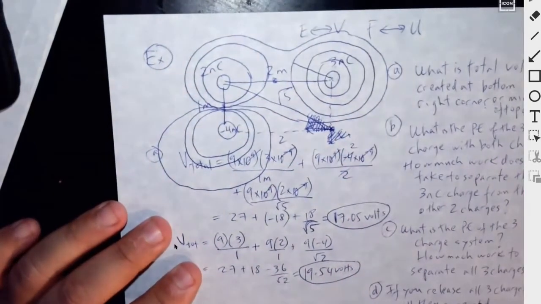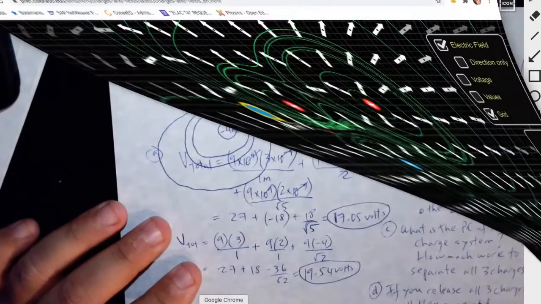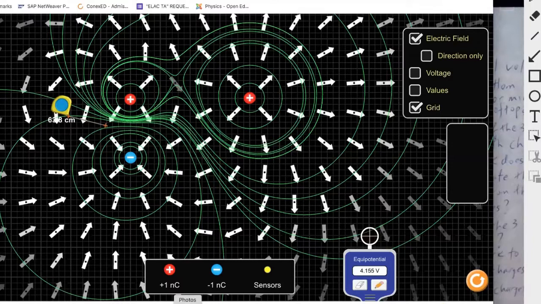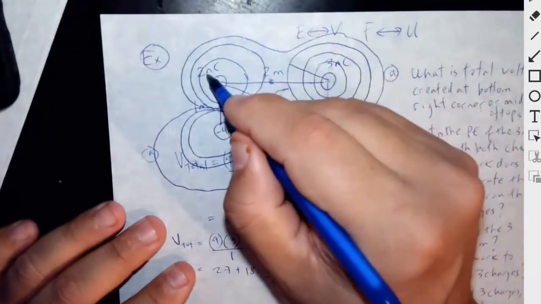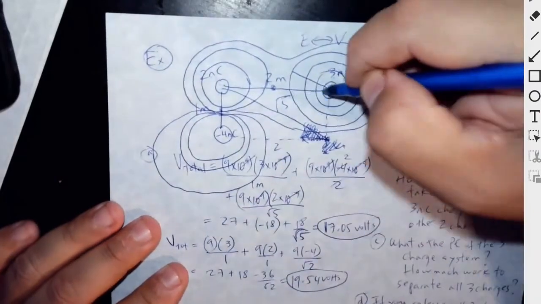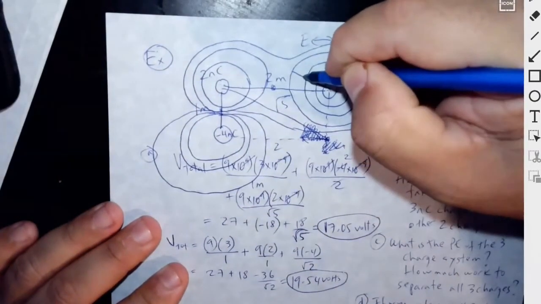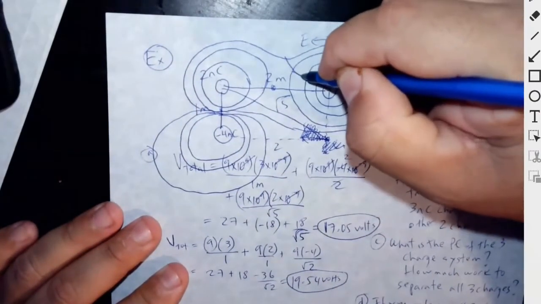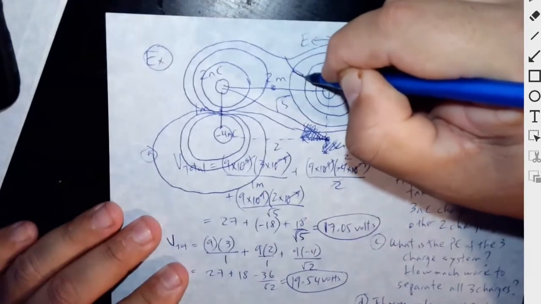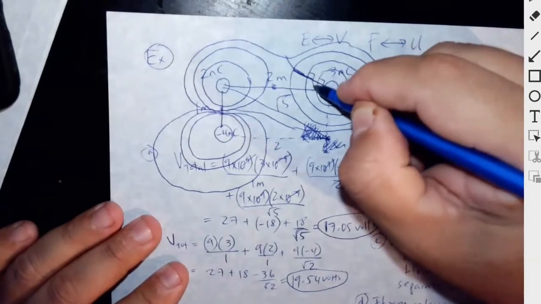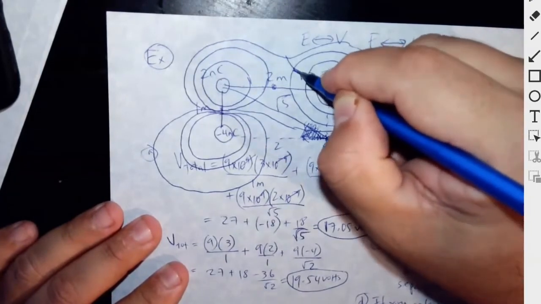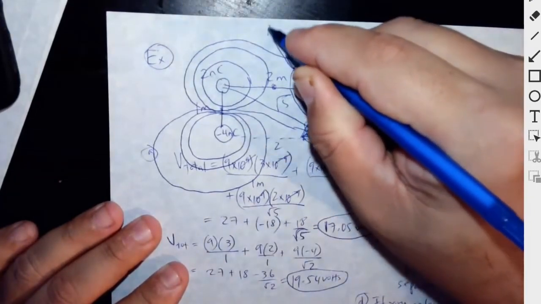Let's see here. Yeah, it should go like this. See, you can't bend and go into there because this is a positive. So it's going to go like this and start curving, and it should always be perpendicular, with arrows drawn. So that's the way to draw the electric field lines.